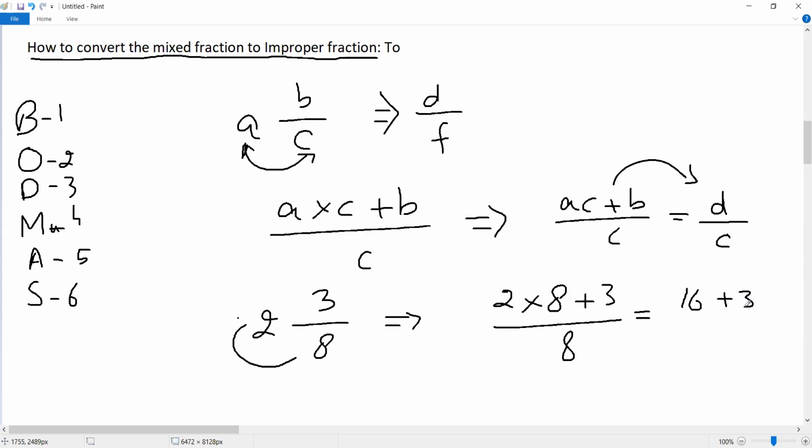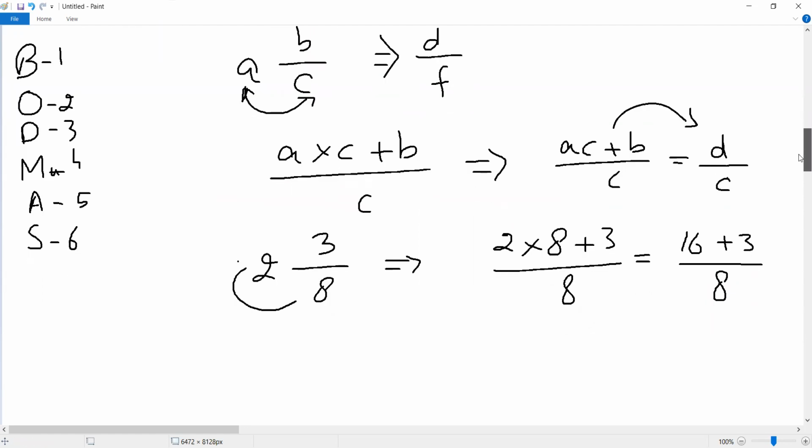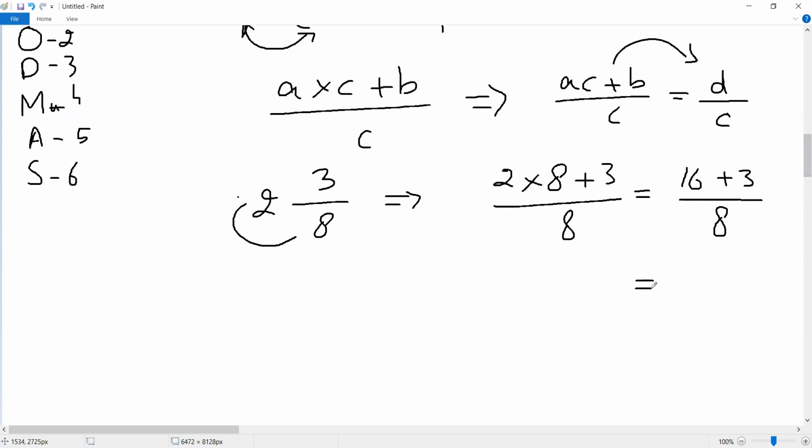After that you add or subtract. So first we multiply and get 16. Then we add 3 to it. After that, we write 8. When we add 16 and 3, we get 19. So our answer is 19 over 8. This way we have converted our compound fraction into an improper fraction.